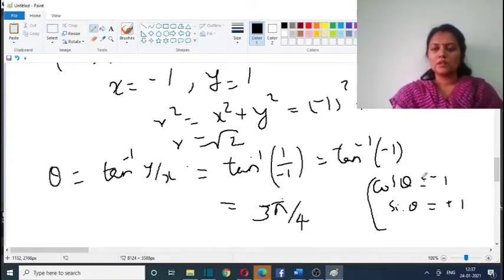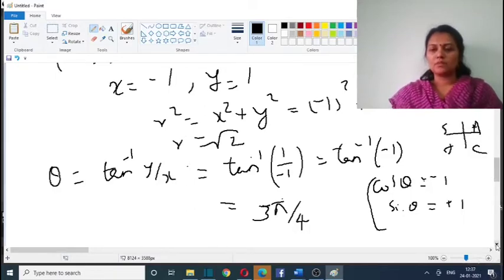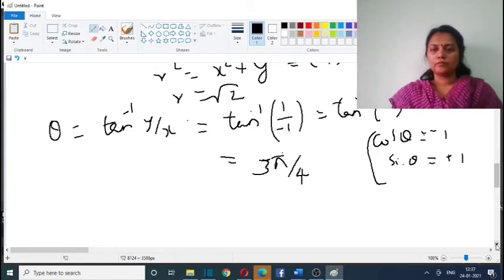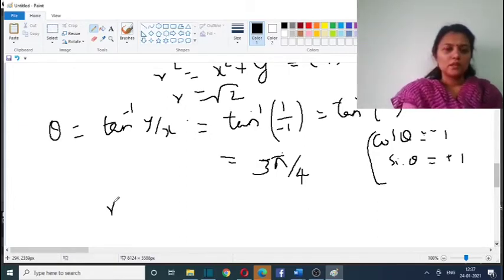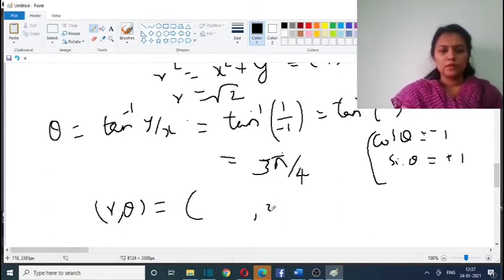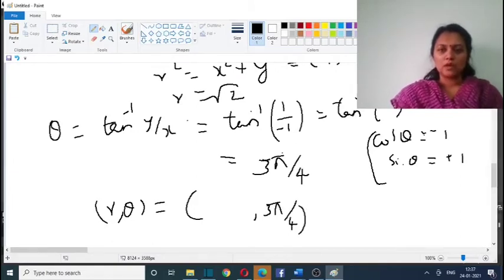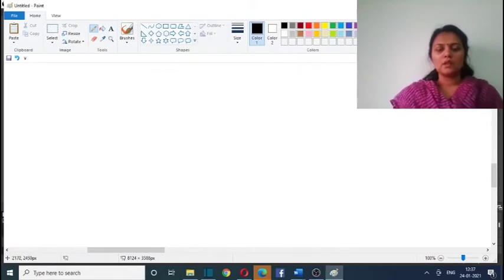So it's in the second quadrant, where sin is positive, so theta is 3 pi by 4, pi by 2 plus pi by 4, which is equal to 3 pi by 4. So theta is 3 pi by 4 and r is root 2. So this is the r theta component.